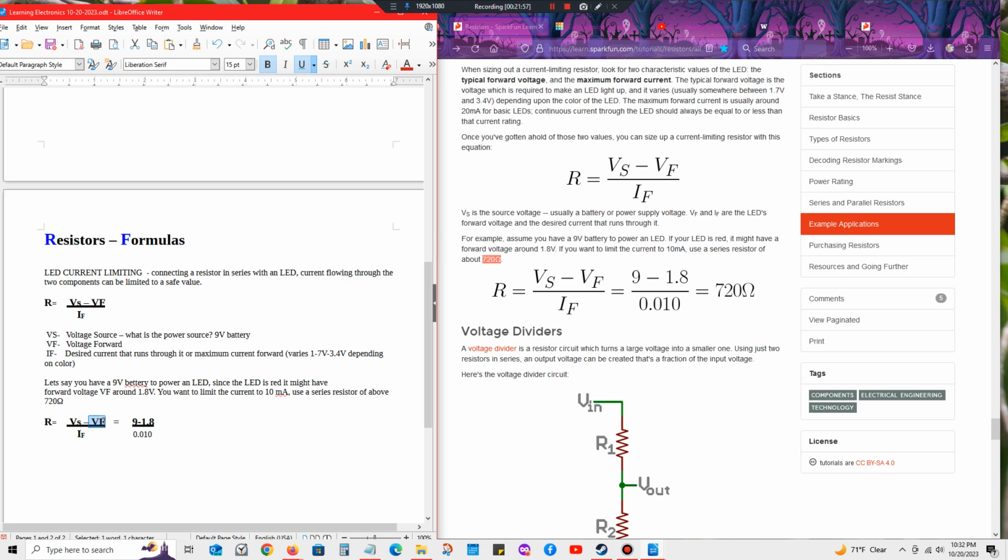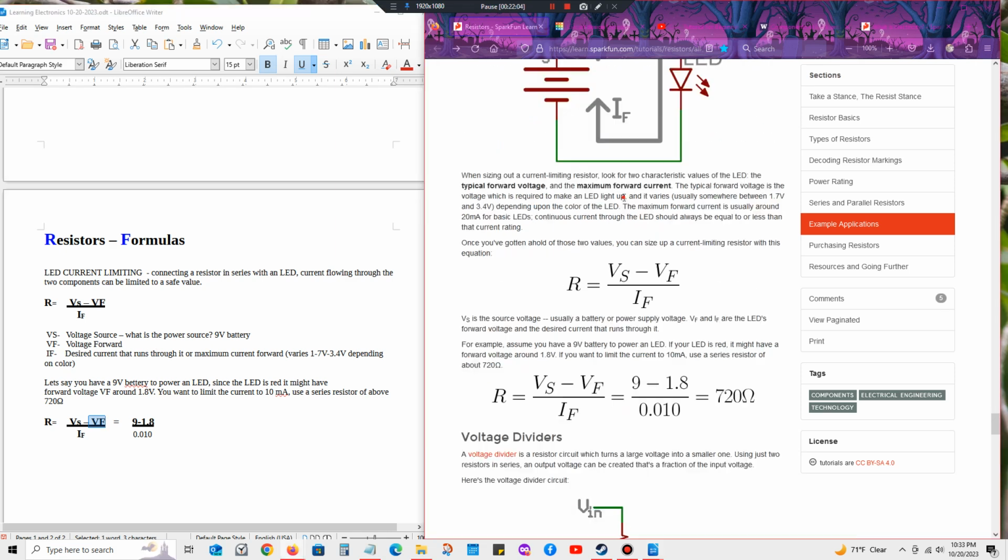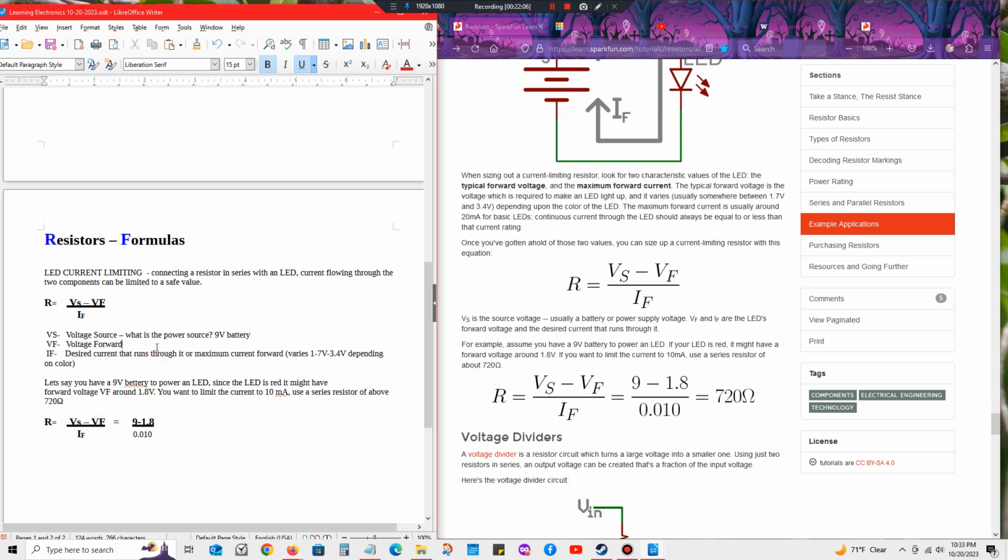The VF is the voltage forward, and that is basically what is required to make the LED light up. Is the voltage required to make an LED light up. So yeah, real simple, right?